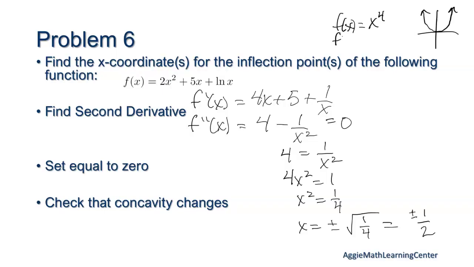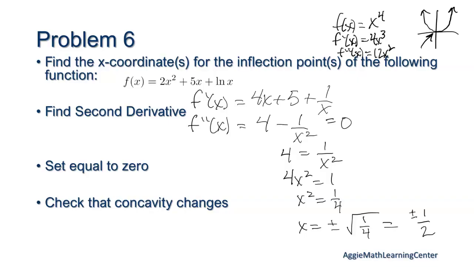Then f prime of x is equal to 4x cubed, and f double prime of x is equal to 12x squared. So at 0, the second derivative is equal to 0. So you think, oh, it's an inflection point. But notice on this graph here, it doesn't actually change concavity. So we need to double check that it does change concavity for the function.